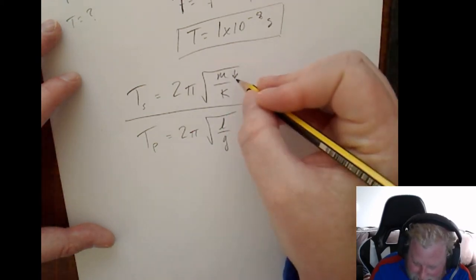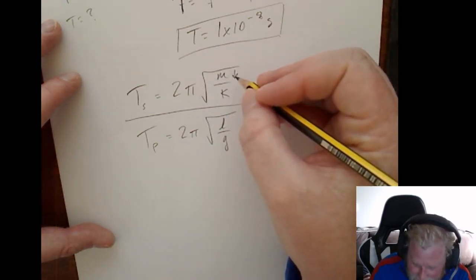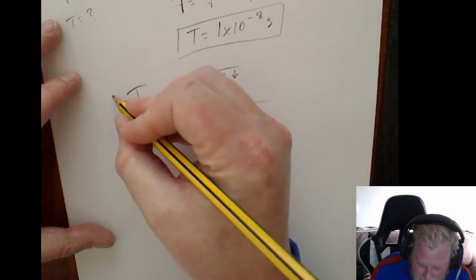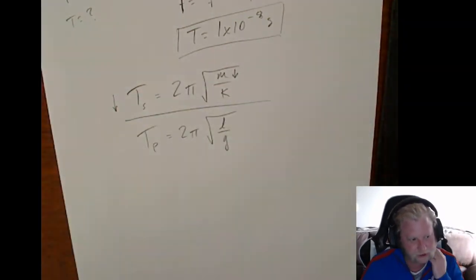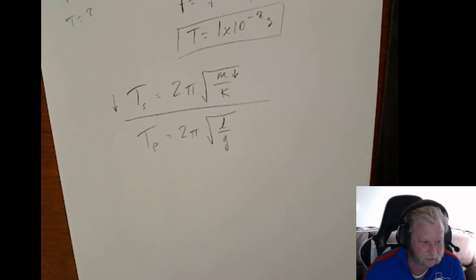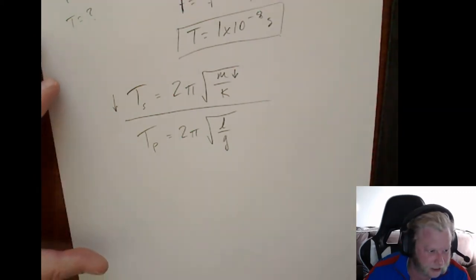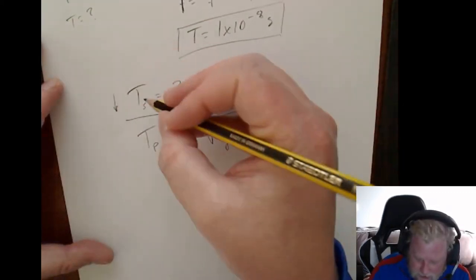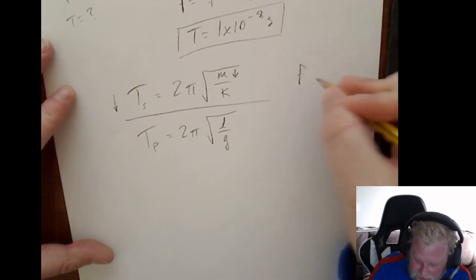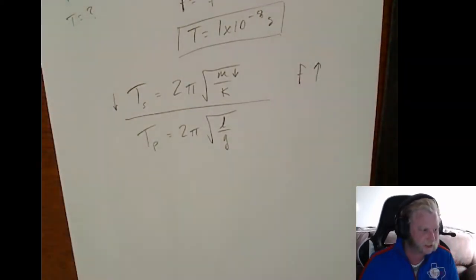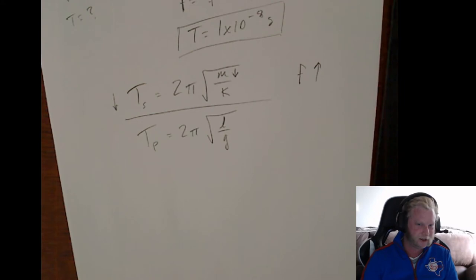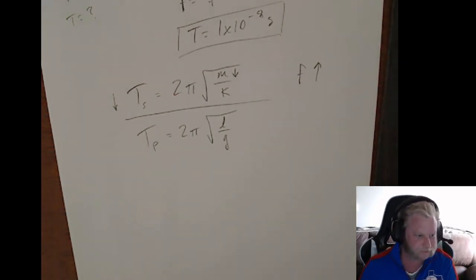As her mass decreases, the period of the spring decreases. Now, if the period decreases, then the frequency increases because they're inversely related. So as she loses mass, she's going to increase the frequency with which that chair bobs back and forth.